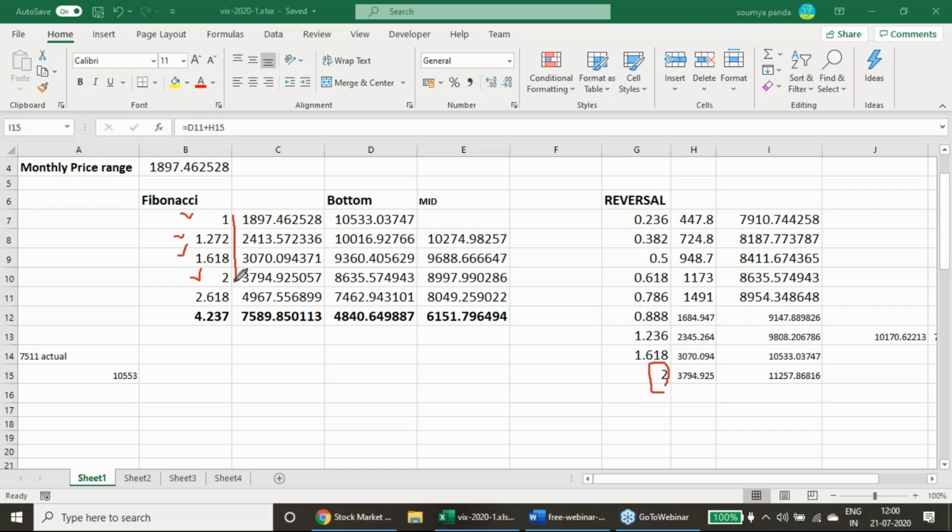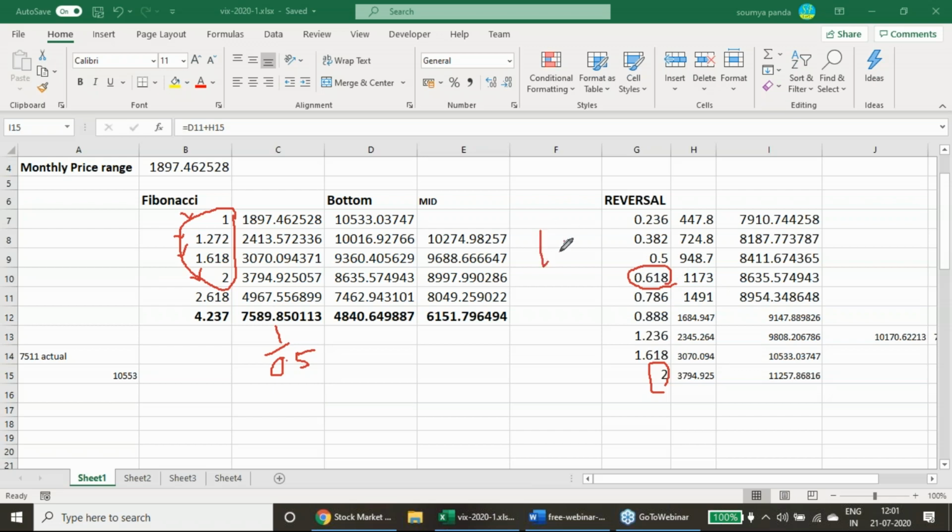These ratios of our Fibonacci sequence are known as the inverse ratios. Inverse ratio means if 0.5 is a ratio, and you divide 1 by 0.5, you will get 2. In the same way 0.618 is also a ratio.